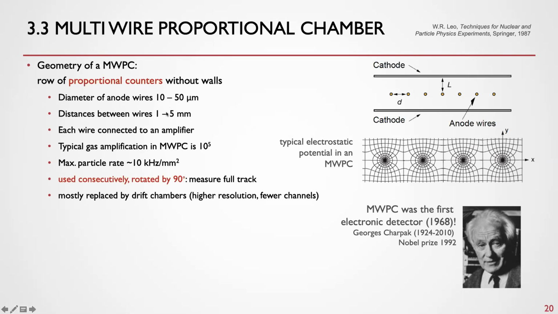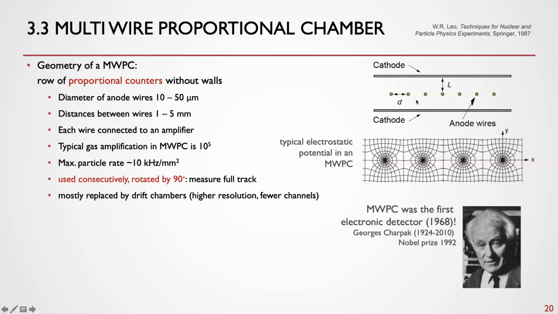Each wire can be connected to an amplifier, and it's run in proportional mode with amplification factors of up to 10 to the 5. The particle rate that can be tolerated by such detectors is 10 kilohertz per square millimeter.